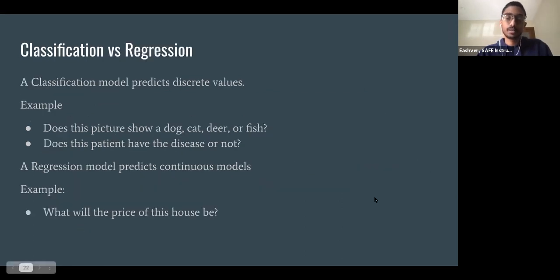Then there are two types. For our purposes, we'll be studying regression mostly. That's what we're doing today, actually. There's also classification, which predicts discrete values, while regression predicts a continuous number.